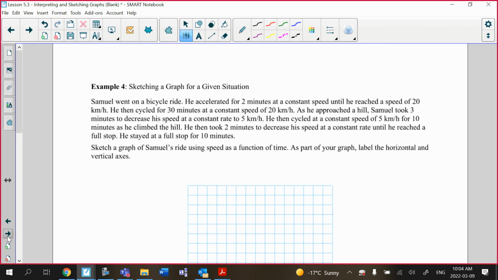So we've got two variables here. We always have two variables in a relation. Sam's going on a bike ride, and time is one variable and speed is the second variable. So we're going to put time on the x-axis, or the horizontal, and we're going to put speed on the vertical.